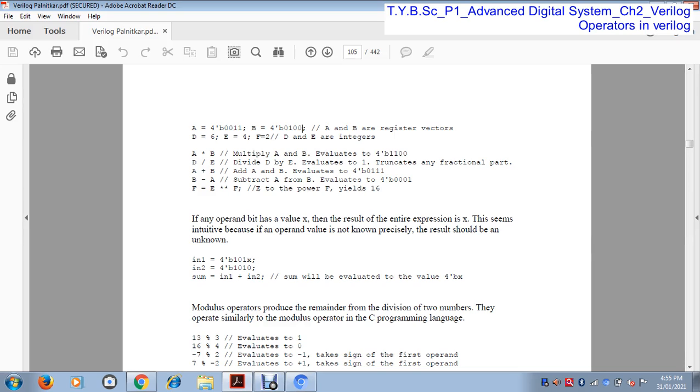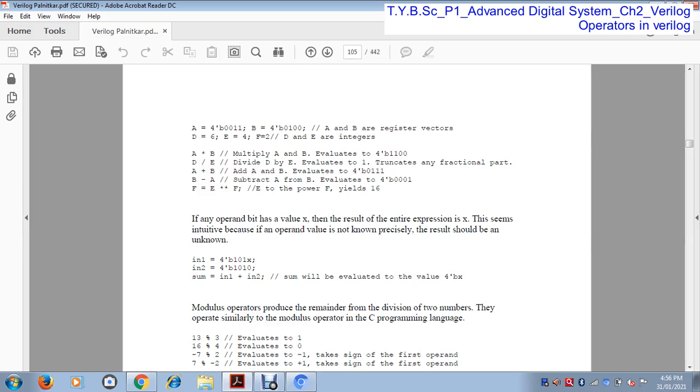So D divided by E. Here A plus B, add A plus B. So here 0 plus 0 is 0, 0 plus 1 is 1, 1 plus 1 is 1, 1 plus 1 is 1. So the result is 0111. Now next is B minus A.